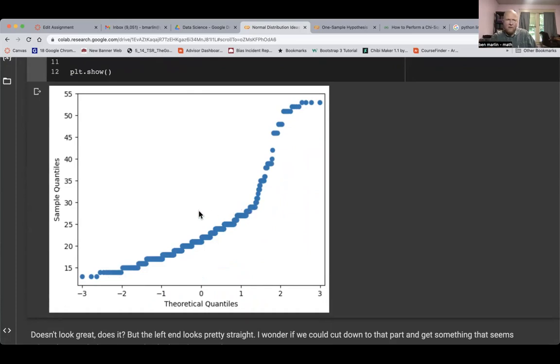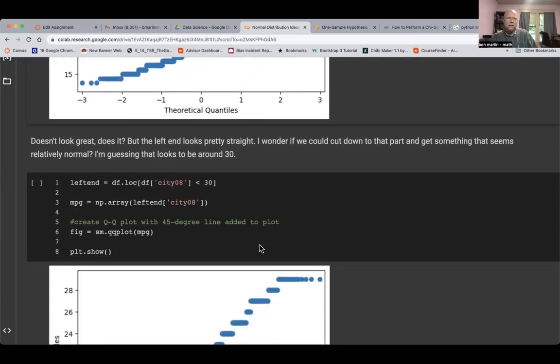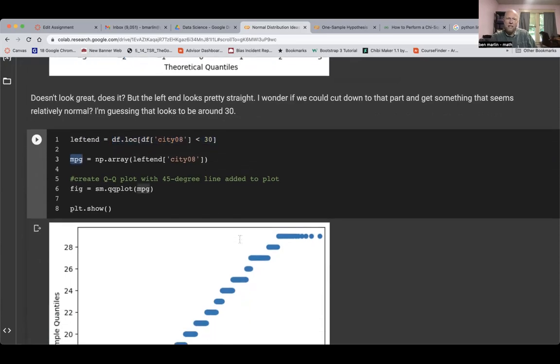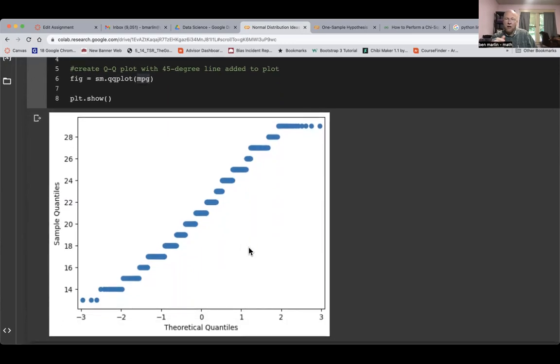And so I kind of followed that across there and said, that looks like the cutoff somewhere around 30, okay? And so I did this thing of cutting out the piece of the data that had the city miles per gallon less than 30. And then I pulled the miles per gallon data for that again and redid the plot. And now it doesn't look like a perfect straight line, but it looks fairly straight, okay?